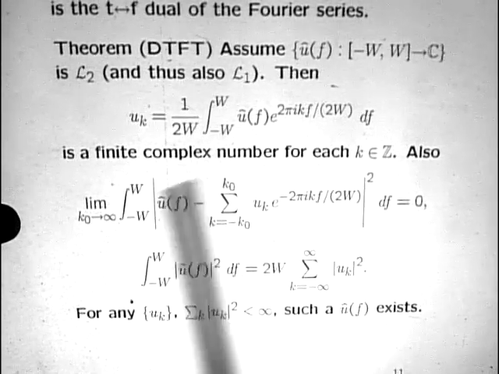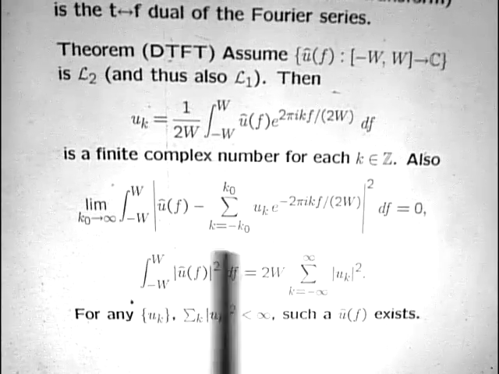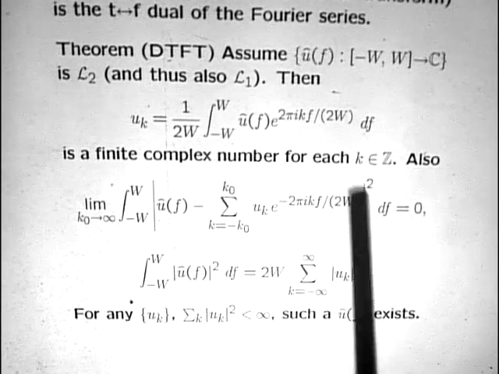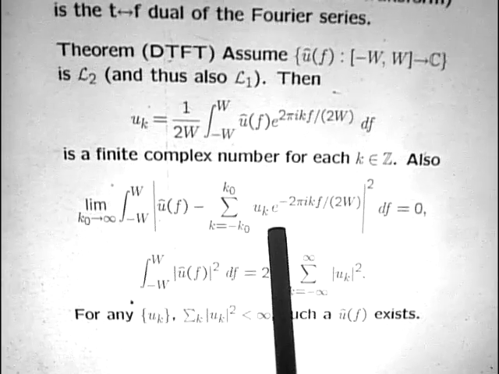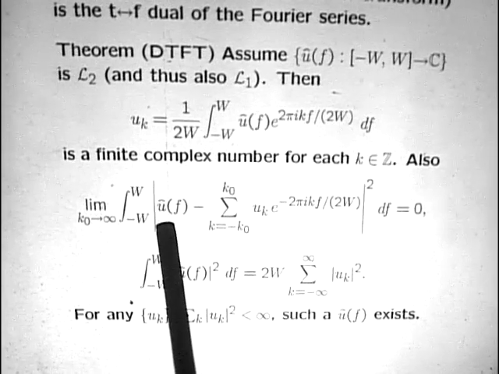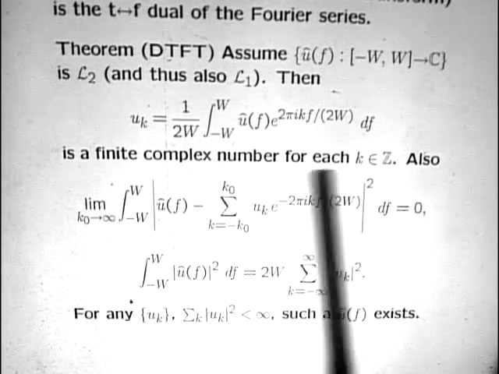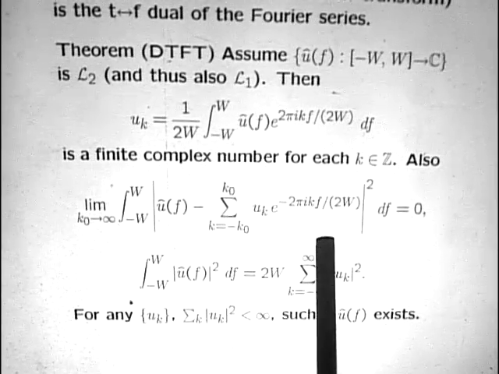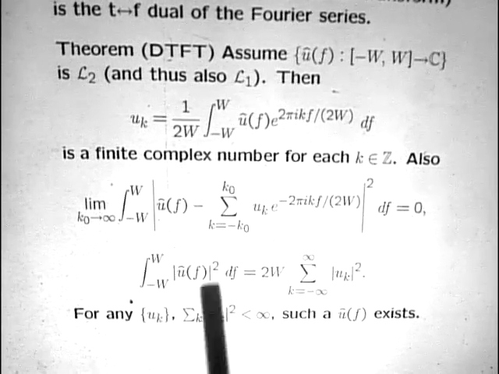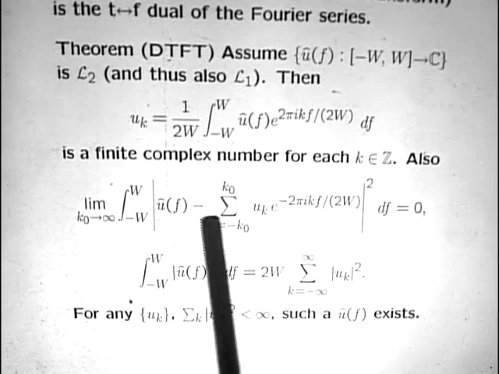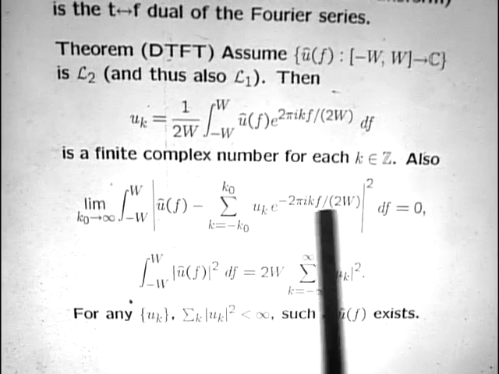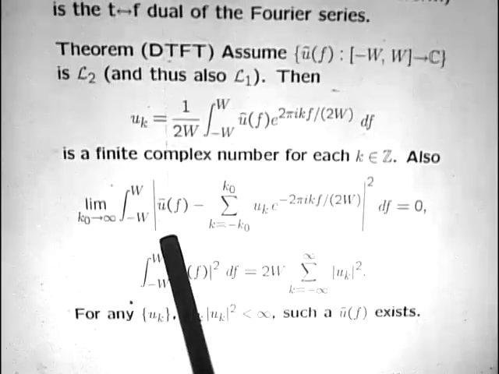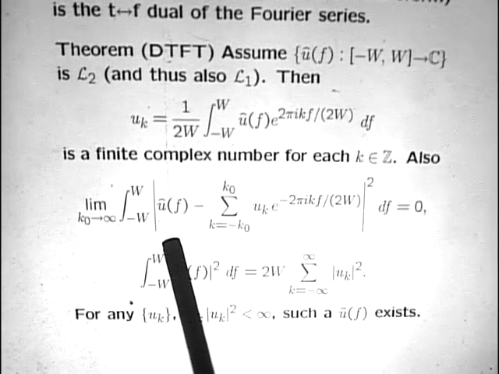Also, the convergence result, when we go back, this is the formula we try to use to go back to the function we started with. It's just a finite approximation to the Fourier series. We're saying that as k0 gets larger and larger, this finite approximation approaches the function in energy sense.